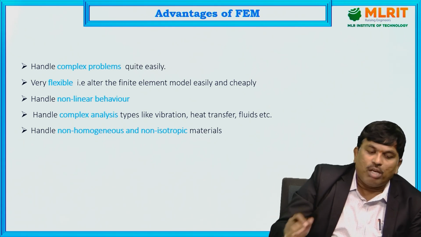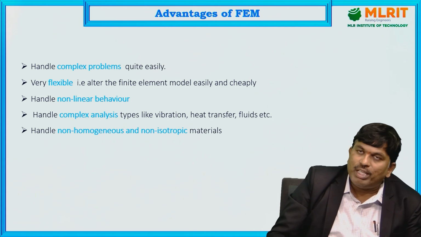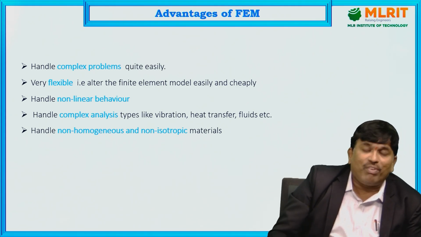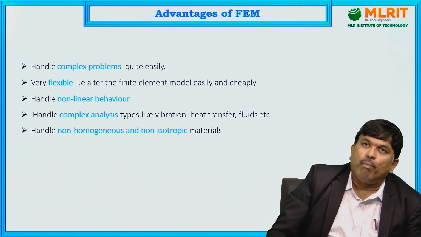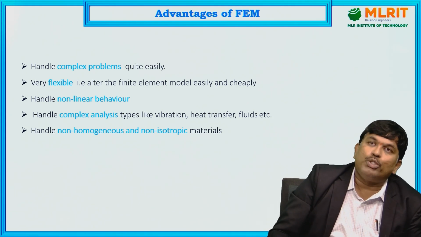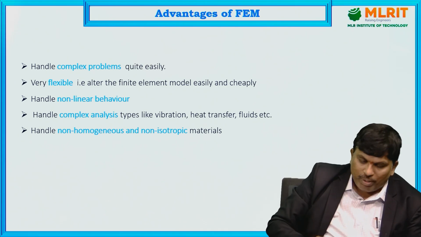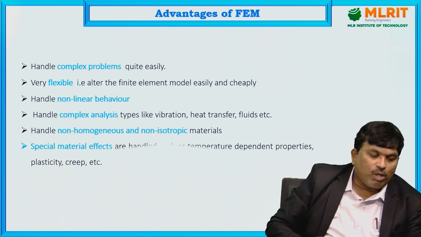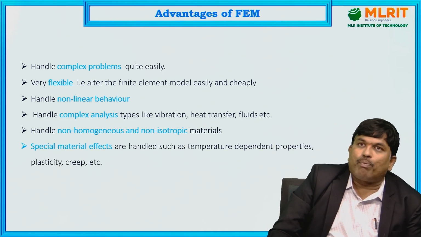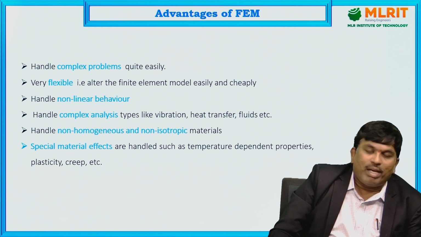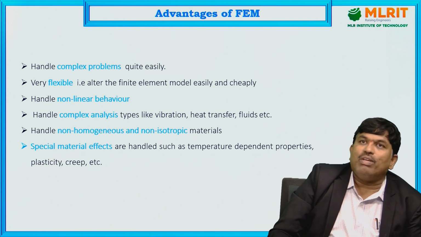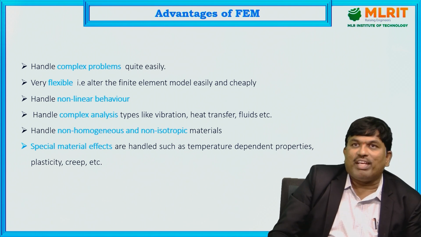Composite is a non-homogeneous and non-isotropic material. Mathematically, it is very difficult to analyze composite components, but using the finite element method it is very easy to analyze composite materials. I already said that temperature dependent properties like creep and plasticity, everything you can deal with easily using the finite element method.